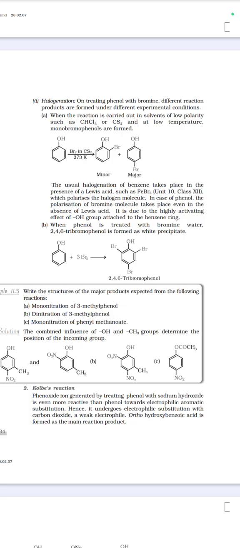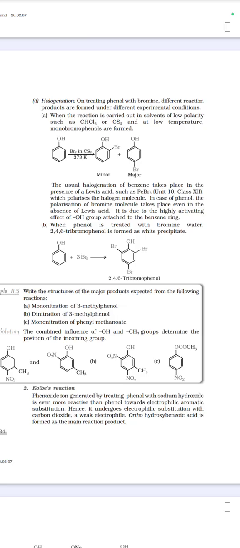Phenol gives bromophenol as a major and a minor product in the presence of Br2 in CS2 at 273 Kelvin.